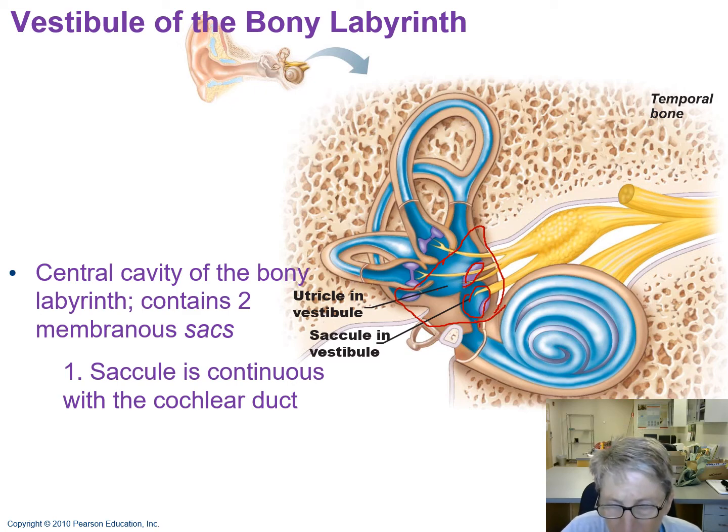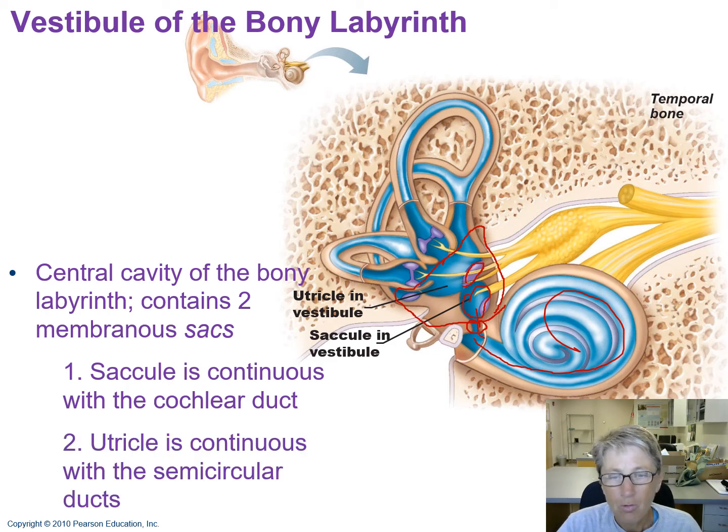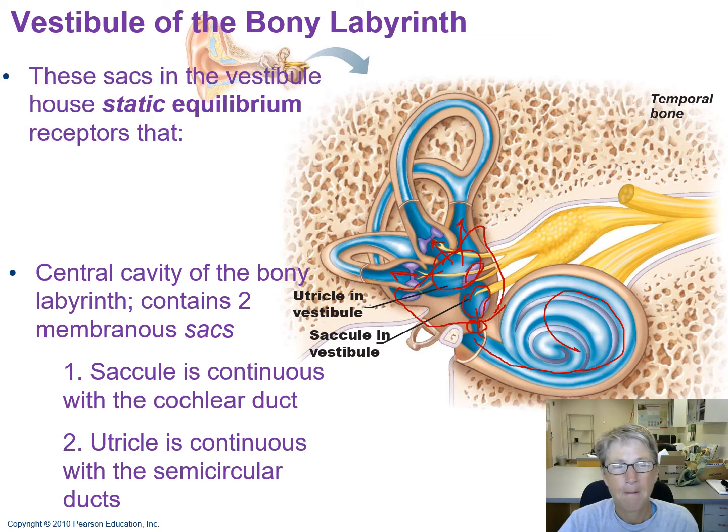So this piece right here is the cochlear duct that leads into the cochlea. The saccule is continuous with this duct. And then the utricle, so this space here, is continuous with these semicircular canals. So that utricle is continuous with these 3 semicircular canals.